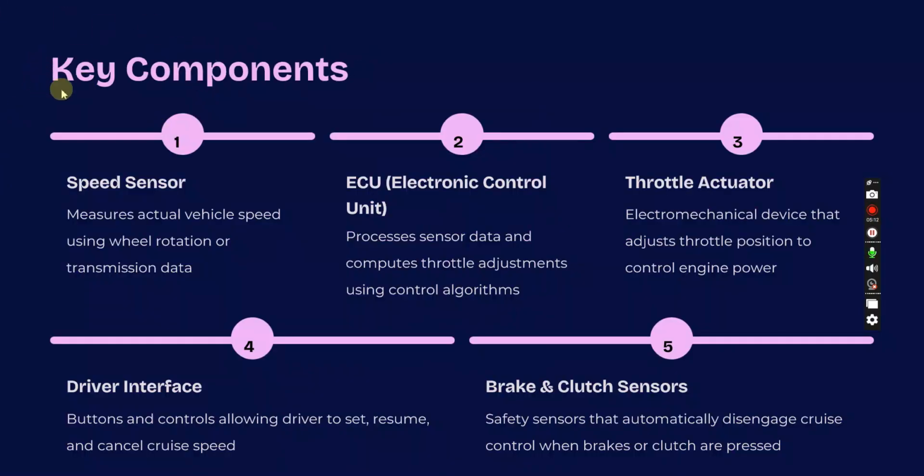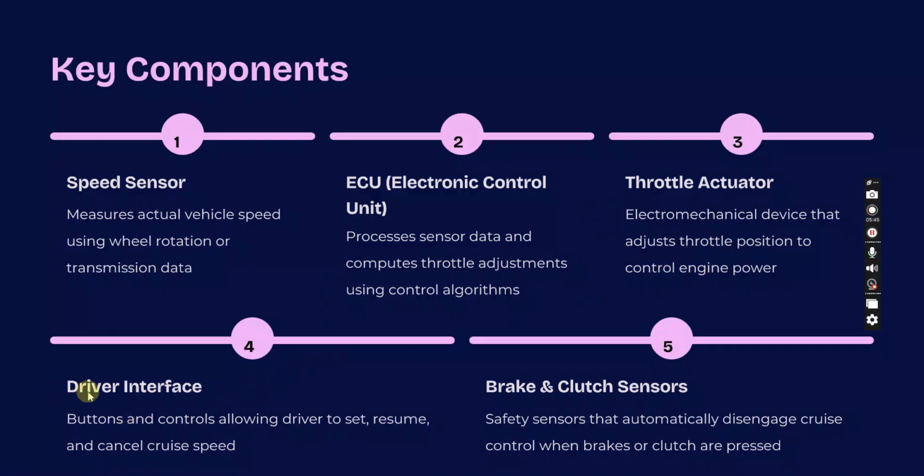Let's talk about the key components. First, the speed sensor. It measures the vehicle speed using the wheel rotation or transmission data. Second, the speed sensor gives its data to the ECU. Third, the ECU processes the sensor data and computes throttle adjustment using control algorithms. Fourth is the throttle actuator, which is an electromechanical device that adjusts throttle position to control engine power.